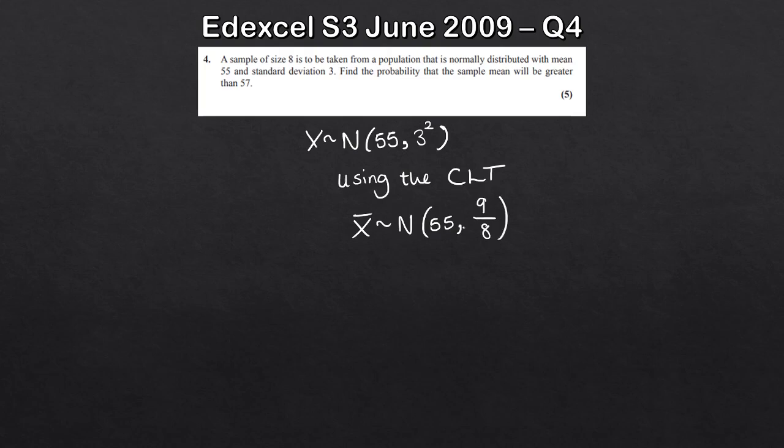Okay, so that's our approximation there. So all we actually need to do now is work out the new probability. This new probability is going to be the probability that x bar is larger than 57.